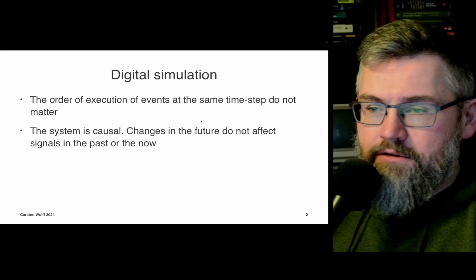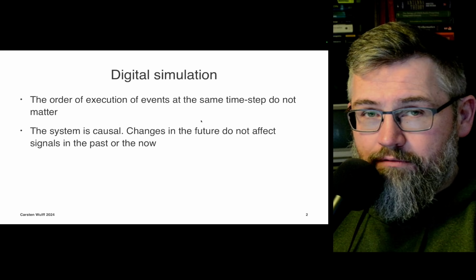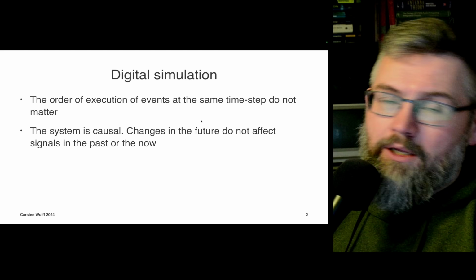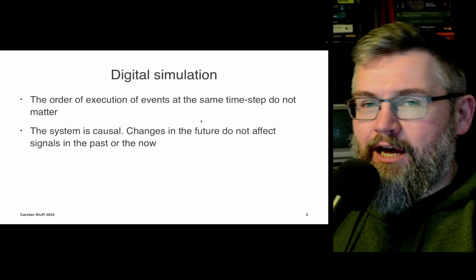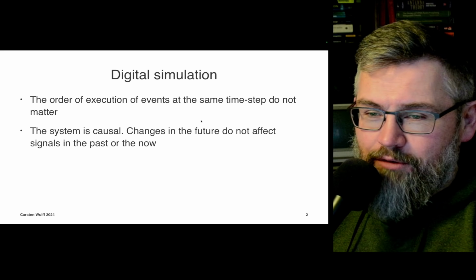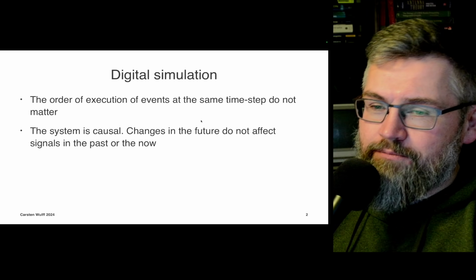These are simulations where you really only care about two values, 1 or 0. Well, actually, it's slightly more. You have X's and high impedance and so on, but let's assume it's 1, 0.